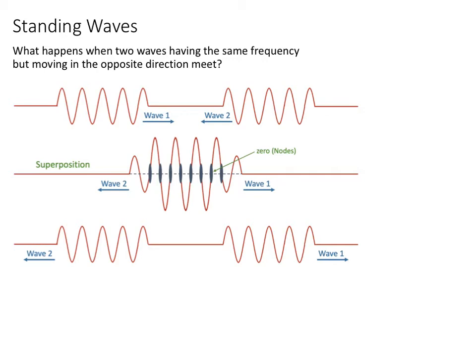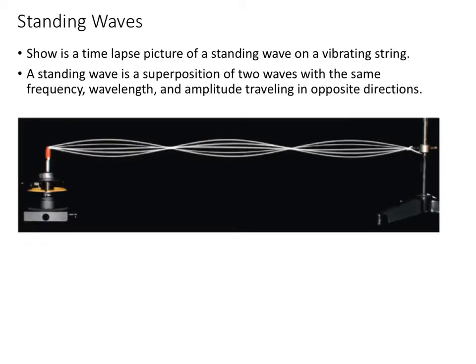Now let's imagine doing this same thing, but with a wave that is being reflected at a boundary. So what I have is a wave interfering with its reflection on the same medium. And in that case, what we have is a standing wave.